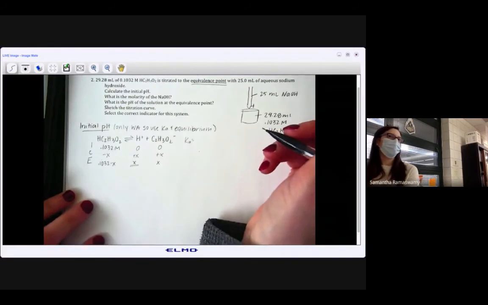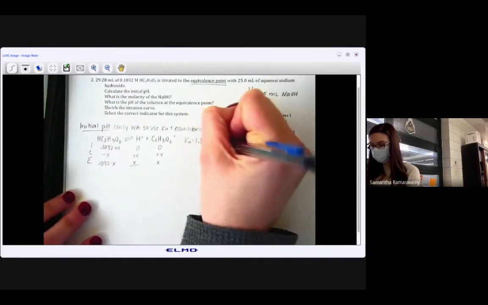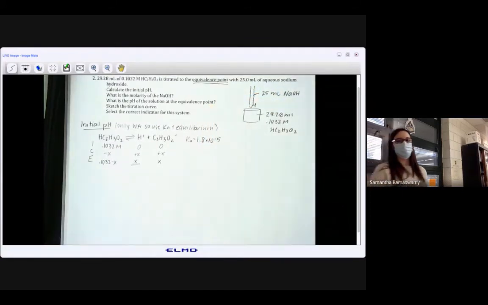Now we would be given the Ka of this, but this is acetic acid, so it's the same Ka we just used, 1.8 times 10 to the negative fifth. Ka you can find in Appendix D if you are not given the value. On a test or a quiz, you will be given the values that you need. You'll be given Ka, but might need to find Kb.